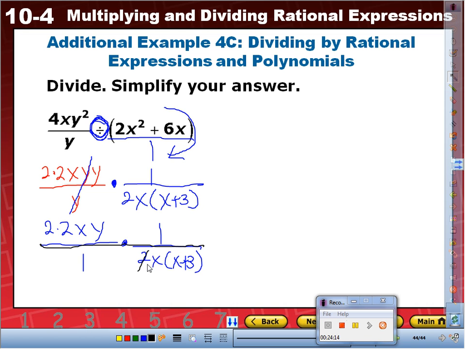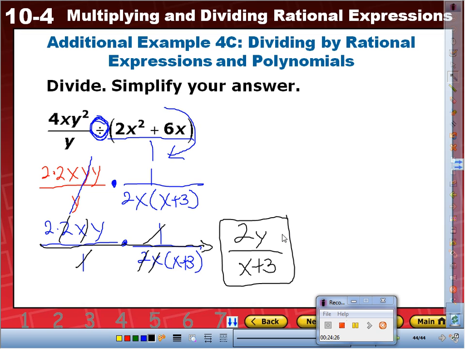The 2 and the x, the 2 and the x, and the 1 and the 1. What's left in the numerator? 2y over x plus 3. So what is the only step different from what we did with the multiplication? The reciprocal and changing division to multiplication. Are we there? Very simple.